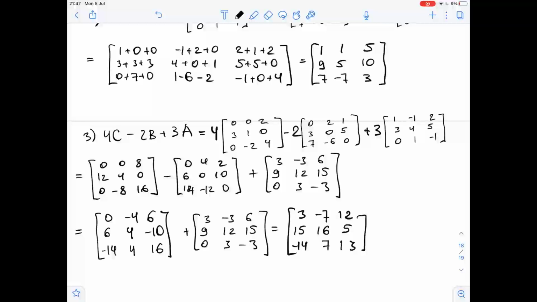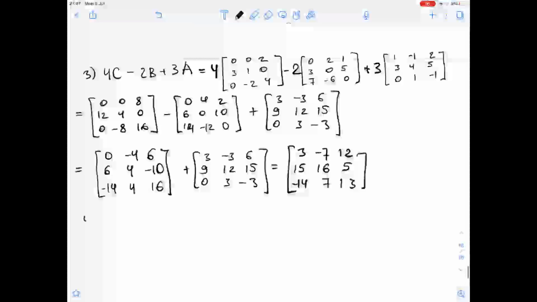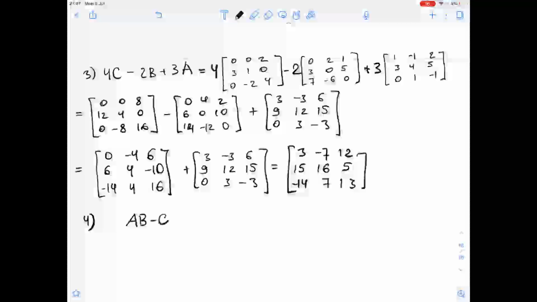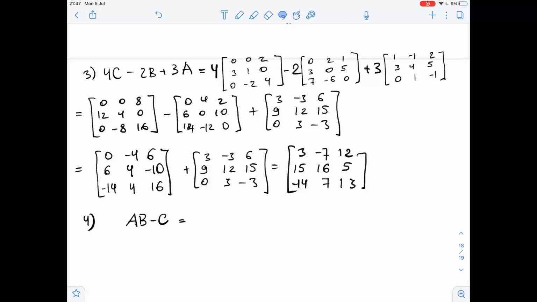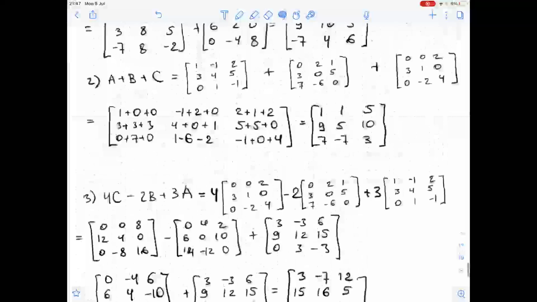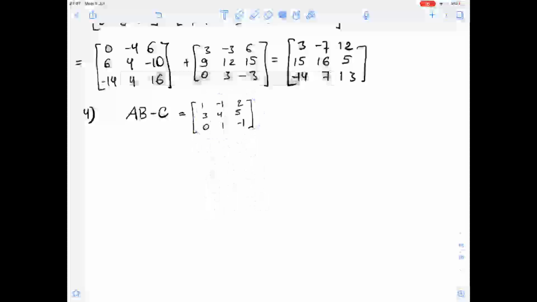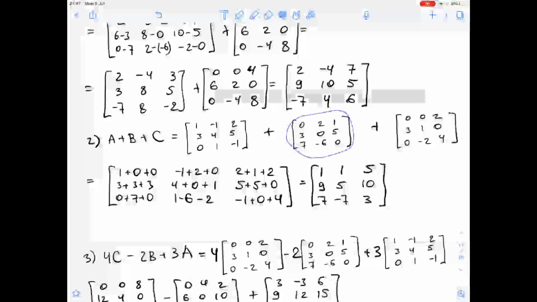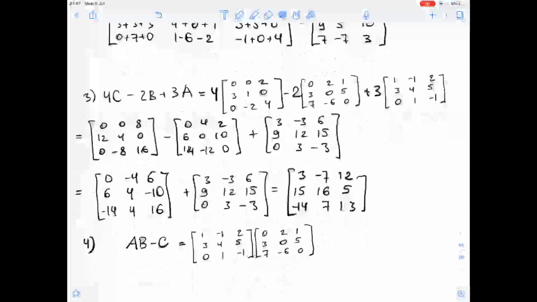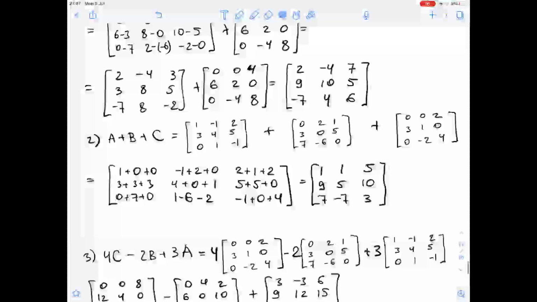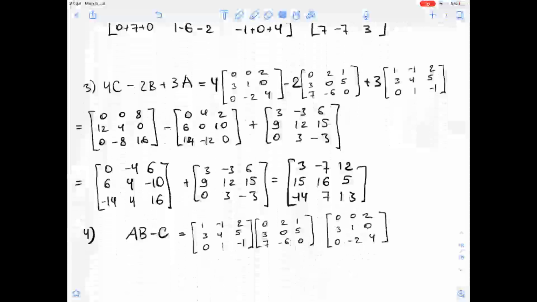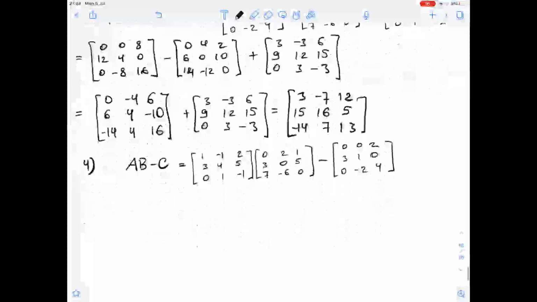Now let's move on to the last expression, the fourth part of our problem. Here we need to find the value of AB minus C. So it's matrix A, let me copy paste it, matrix A multiplied by matrix B and minus matrix C. So we will start by doing the matrix multiplication.